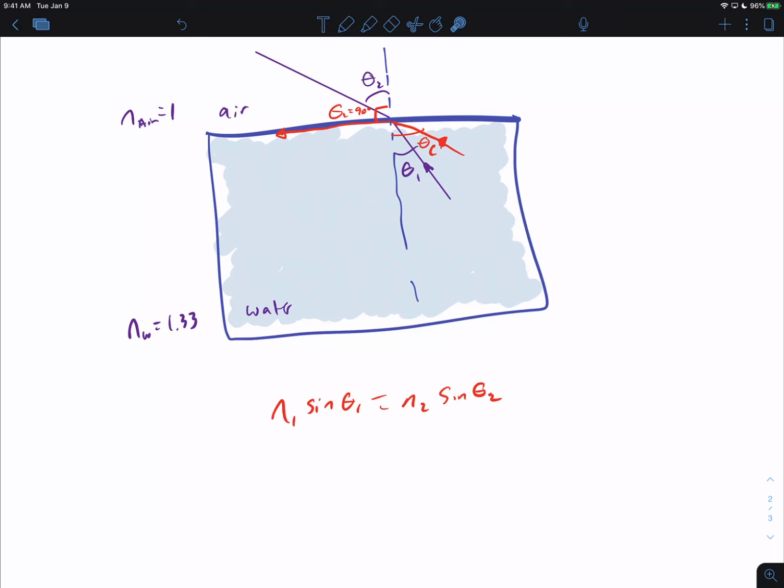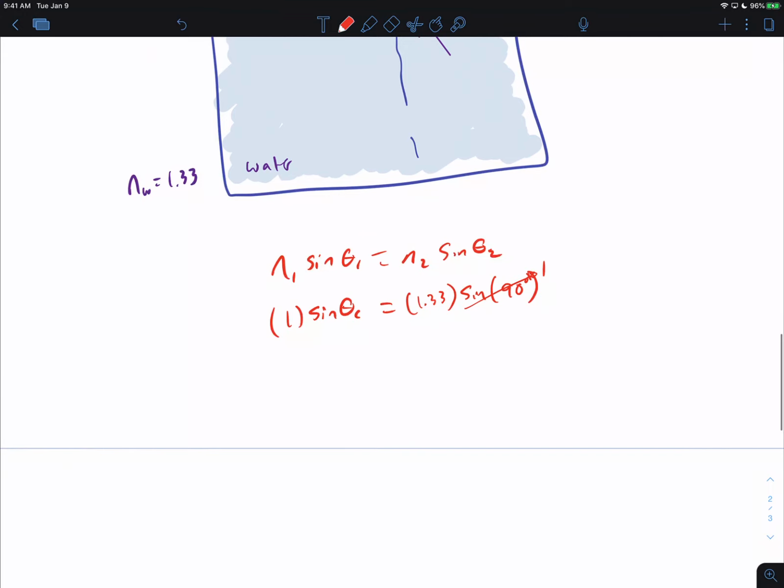So if we look at this, I have my n1, the index of refraction for air, which is 1, and this is going to be sine of my critical angle. This is what I'm looking for. For water, I have 1.33, and the sine of 90 degrees is just 1.